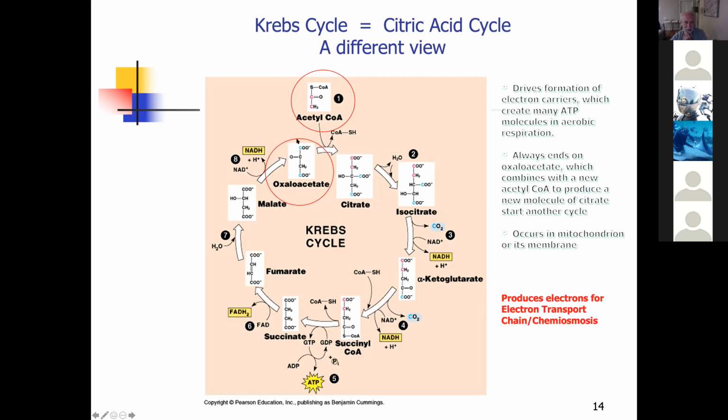So this cycle is going round and round, generating lots of reduced carriers and 1 ATP for every pyruvate or every acetyl-CoA that enters the cycle. So the thing to remember here is that the main function, the main product of the Krebs cycle is electrons for the electron transport chain.